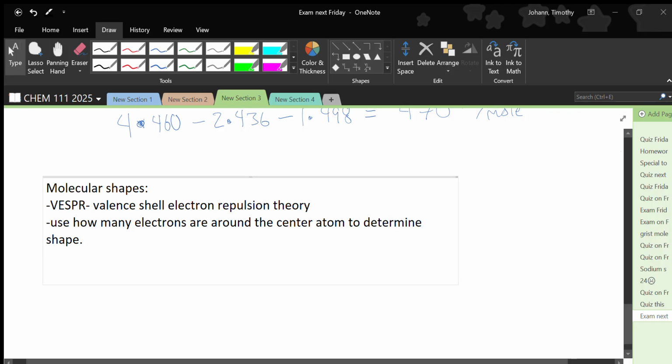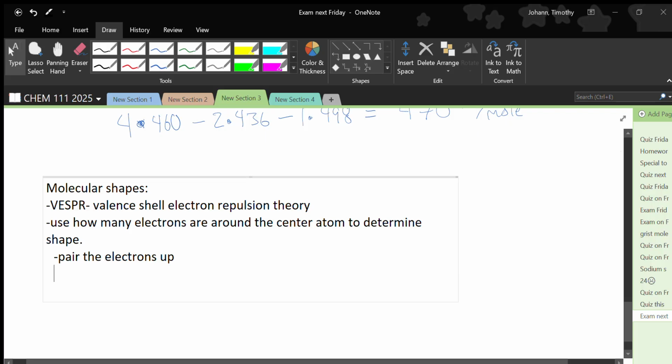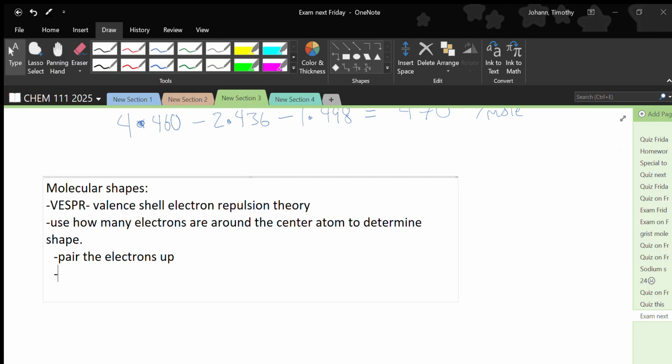What you're going to do is pair those electrons up. In doing that, a bond is 2 electrons, but bonds go together. So a double bond is 1 unit, and a triple bond is 1 unit.